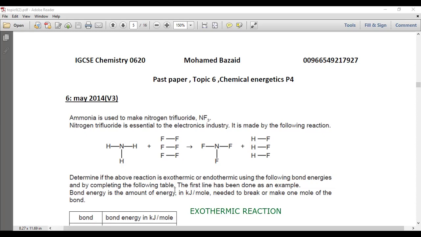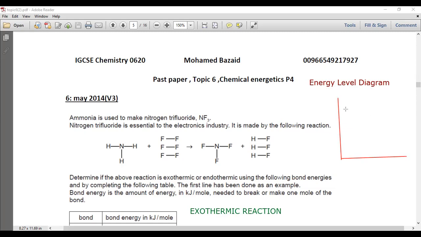What is this? Energy level diagram. How can you draw an energy level diagram? It's very easy. You have to draw two axes here, vertical and horizontal axis.